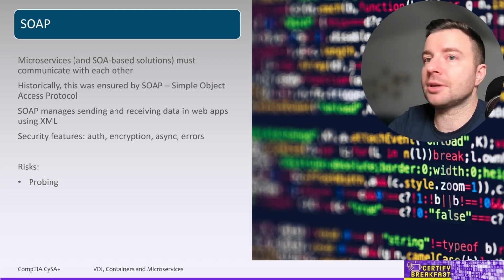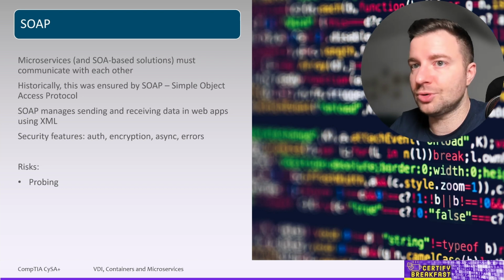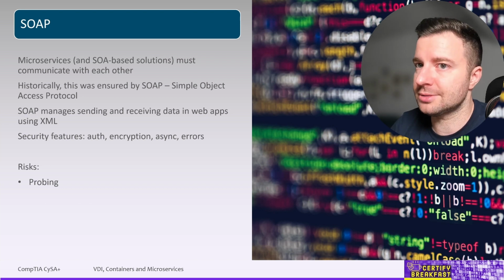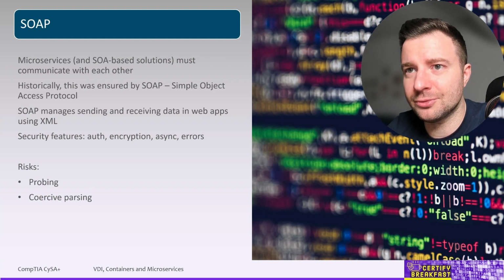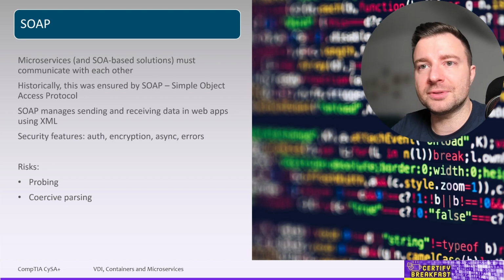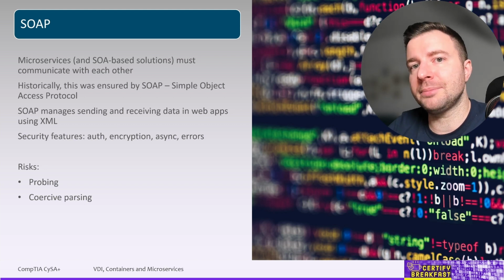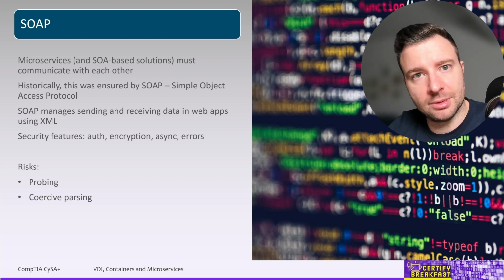And of course, since we're talking about inputs, any unvalidated input can lead to data disclosure, privilege escalation, or simple crashes. We also have coercive parsing. Now that's a mouthful. Basically, this relies on the fact that the web service will attempt to internally process any XML request that we send to it.